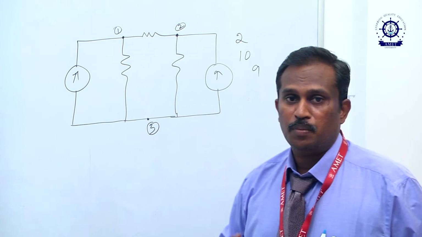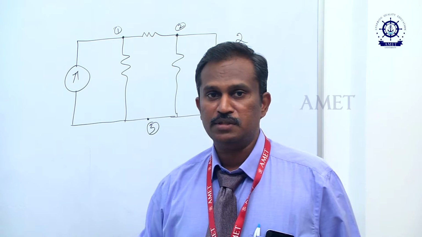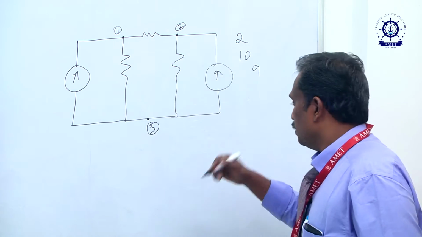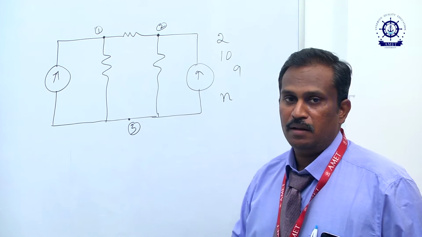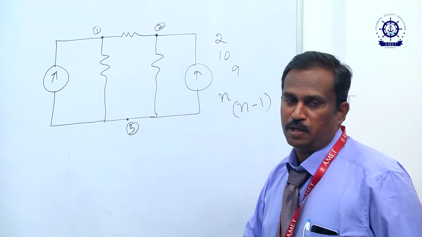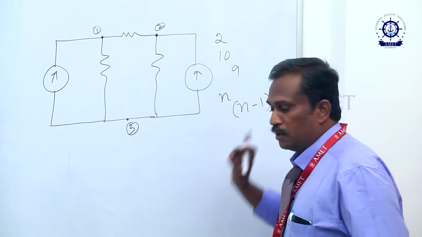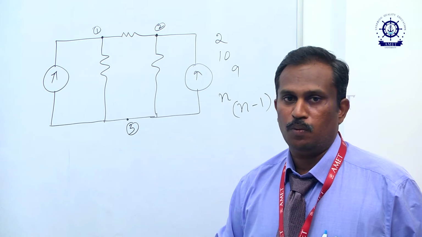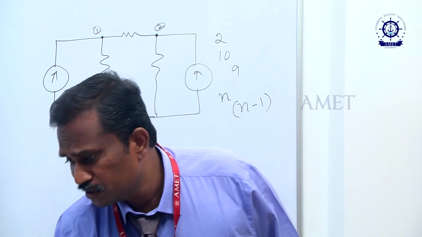By solving those 9 equations, you can find the 9 unknowns. Similarly, if you have n number of nodes, then there are n minus 1 simultaneous equations to solve. By solving all the n minus 1 equations, you will get all the node voltages. That is the concept.